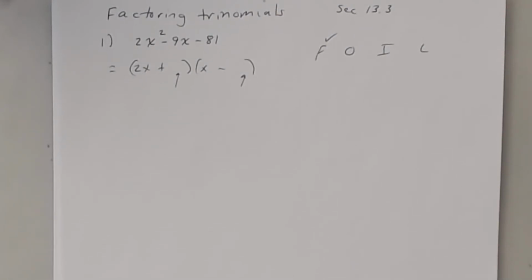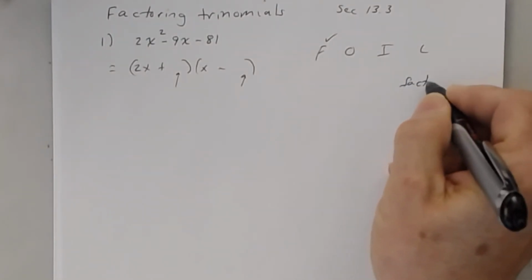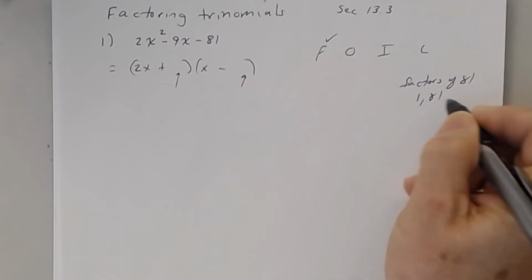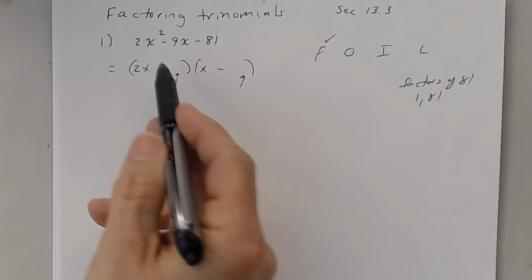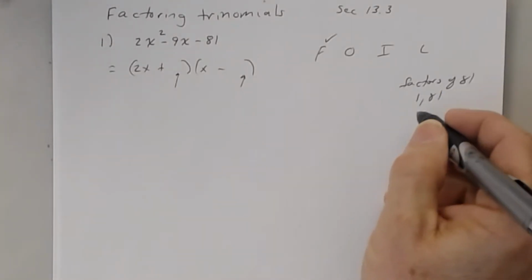Now, I need an 81. What are the factors? Let's think about the factors of 81. Obviously, 1 times 81 is 81. We're not going to use that because there's no way I can get that out in the inner to be a negative 9x. What are the other factors of 81? 9 and 9?